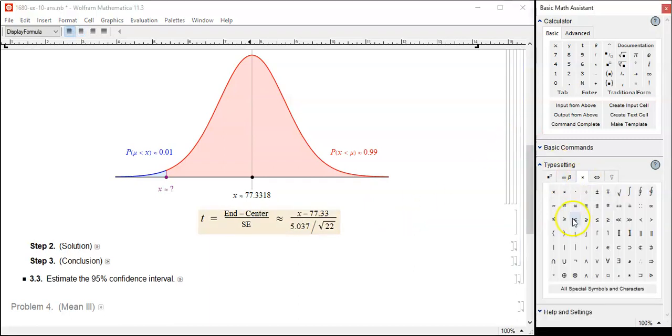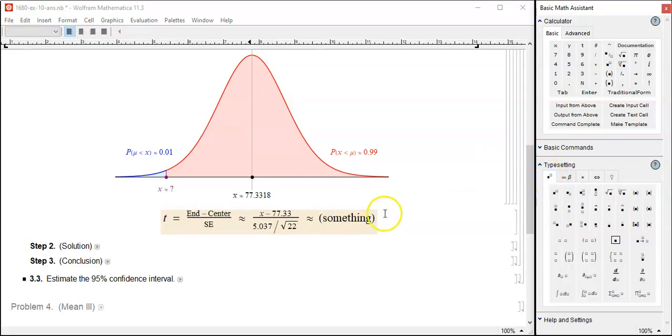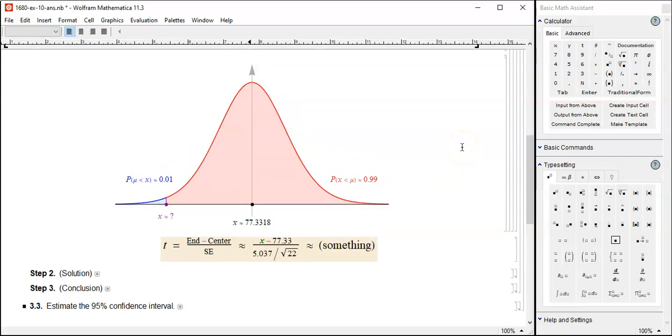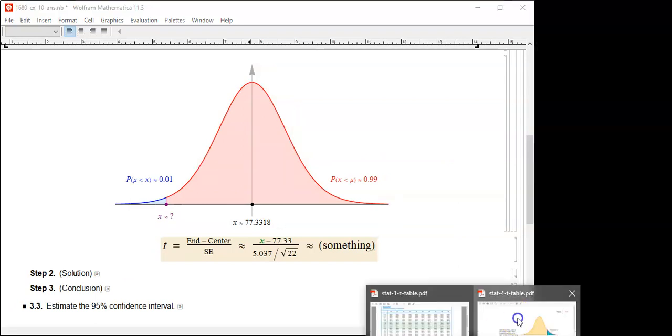And that has to be equal to something. Once that something is determined, it's not going to be too difficult to find this one out. It's just an algebraic equation. So let's determine this using the t-table. Ready? Okay, let's go to the t-table, and it looks like this.